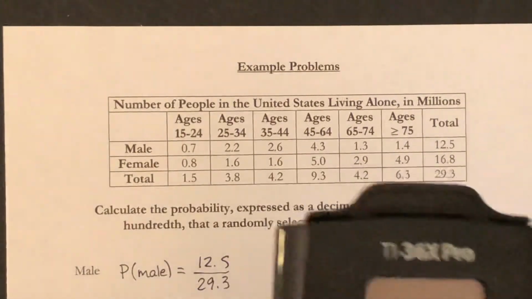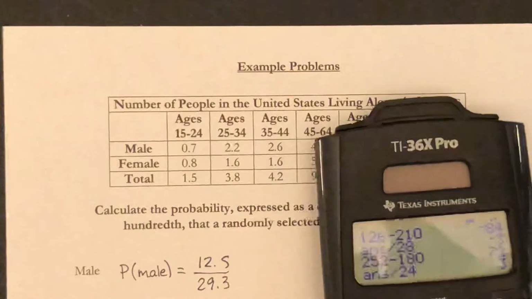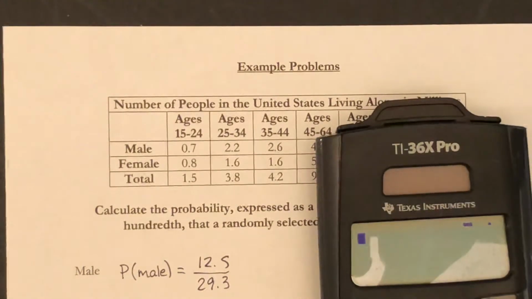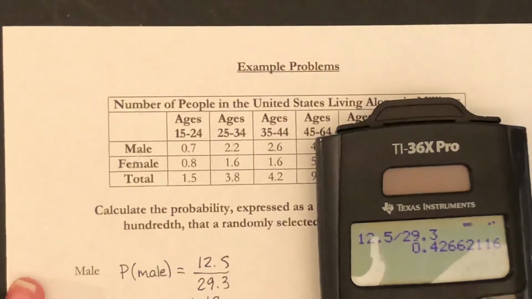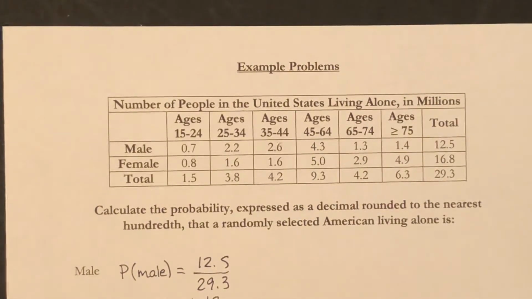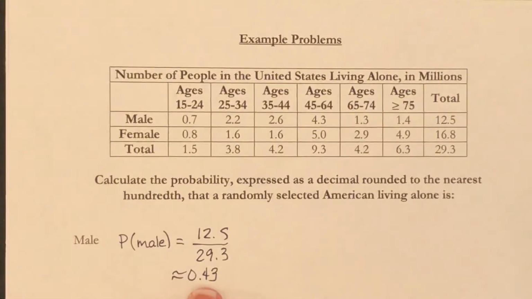So if we do this calculation, you get 12.5 divided by 29.3, and you get approximately 0.43. So the probability that a male is living alone is 0.43.